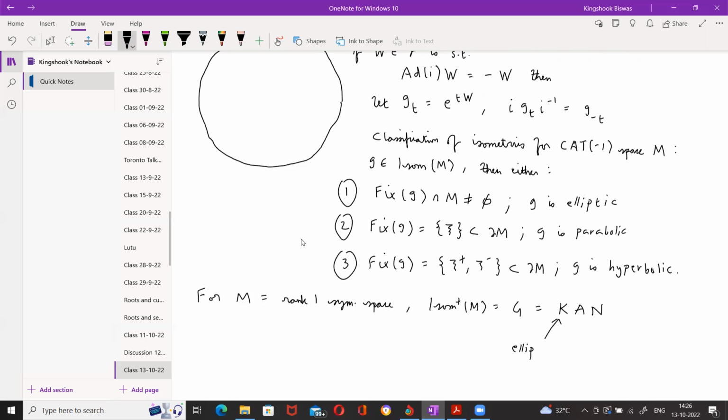K is in fact the stabilizer of the origin. The elements of A are all hyperbolic. A preserves one geodesic, and the endpoints of that geodesic on the boundary are the two fixed points xi plus, xi minus. And finally, the elements of N, the nilpotent group, are all parabolic isometries.